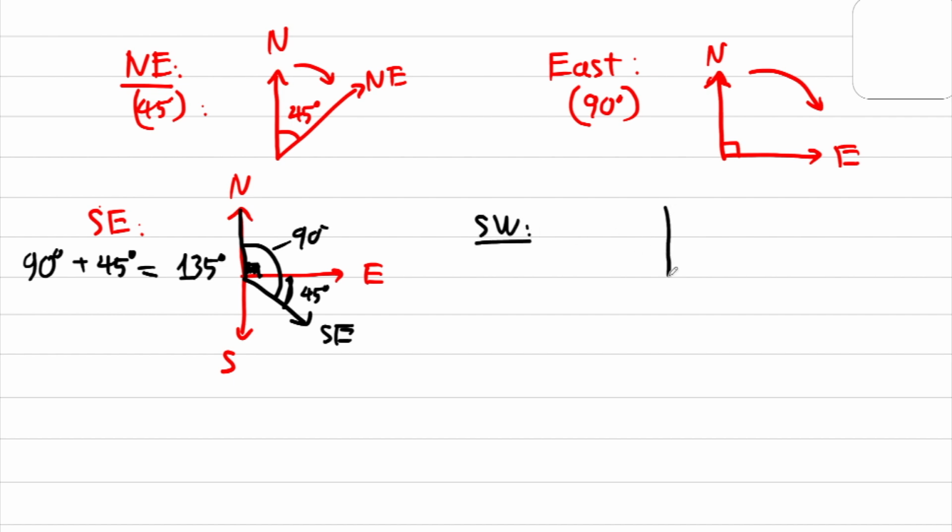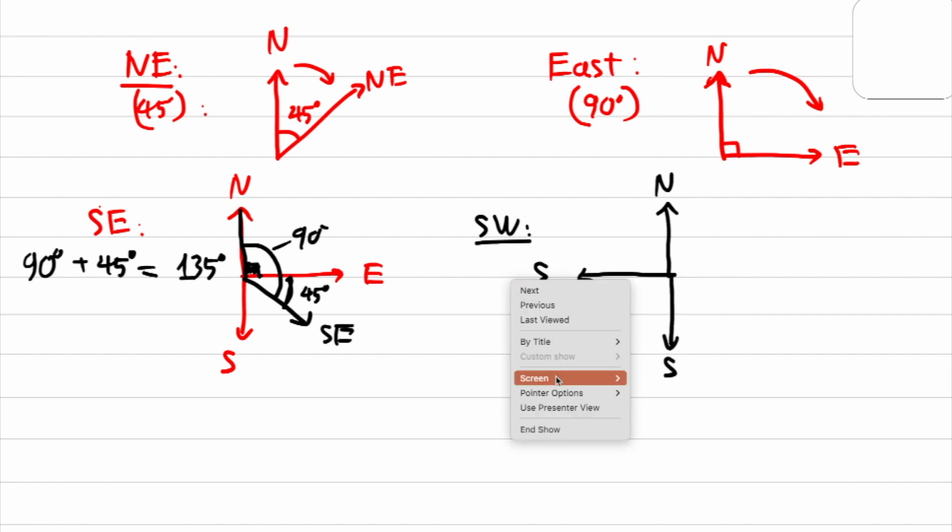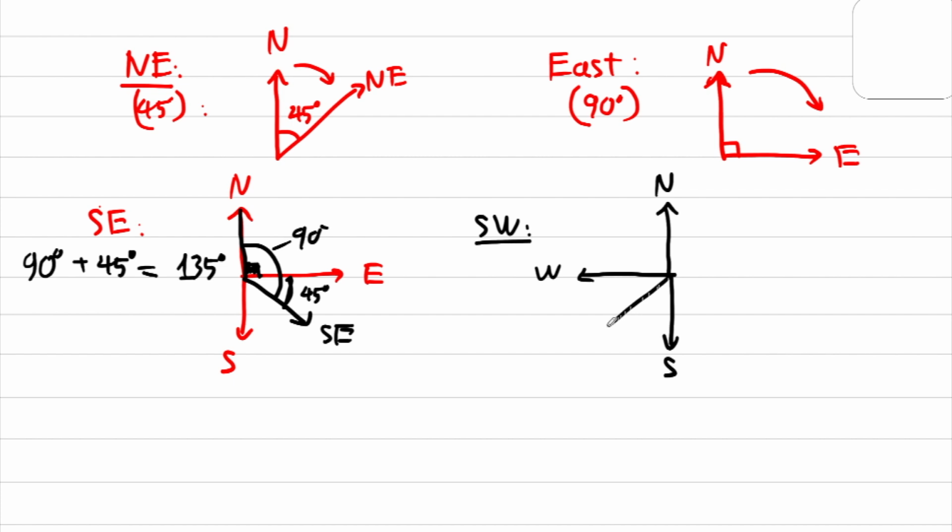For southwest, I calculate from the original direction, north, and then I have south here and west in this case. This angle is southwest, and the angle you have to calculate for the southwest direction is this one.